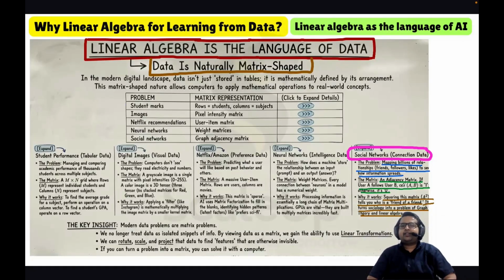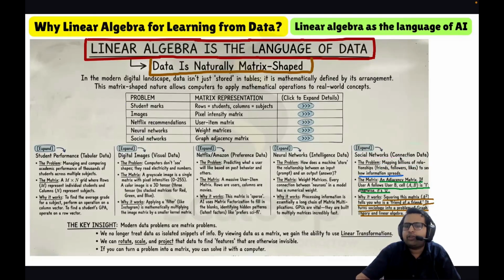So the idea is that if we represent the connection data of a social network in the form of an adjacency matrix, then using linear algebra we can carry out certain interesting operations. We can square that adjacency matrix to get who is a friend of a friend. So we can turn sociology into a problem of graph theory and linear algebra. So now it's very clear that data is naturally matrix shaped.